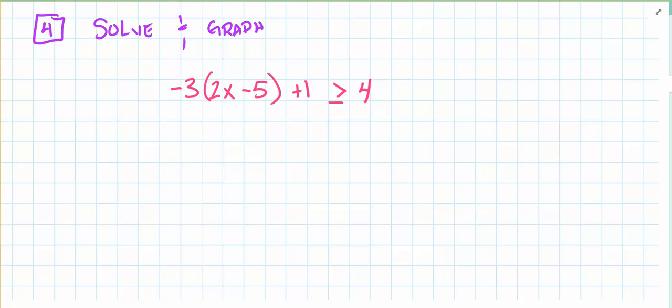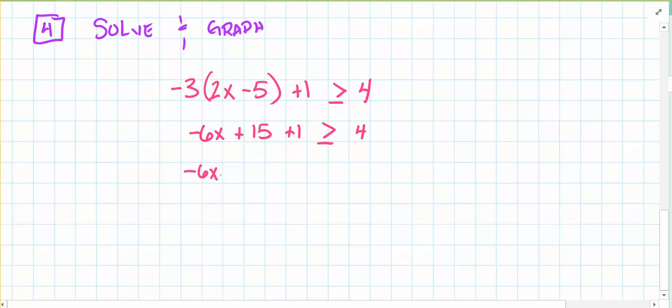Okay, we're going to now solve and graph this inequality, and we're going to start by doing our distributive property, so that we're going to get negative 6x plus 15 plus 1 is greater than or equal to 4. So that means negative 6x plus 16 is greater than or equal to 4. We're going to subtract 16 from both sides.